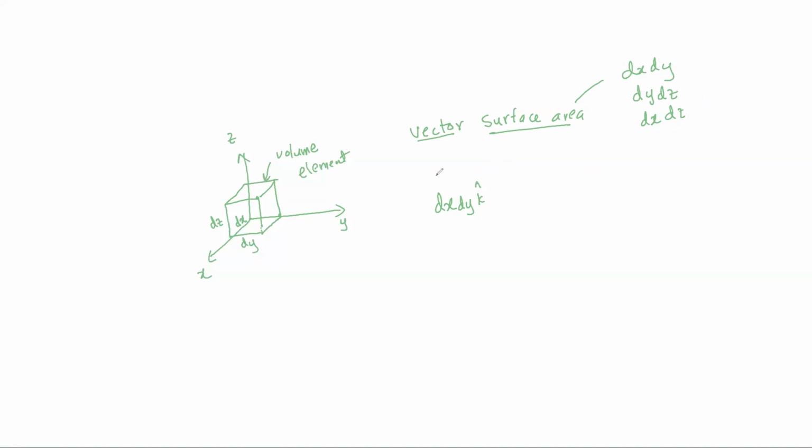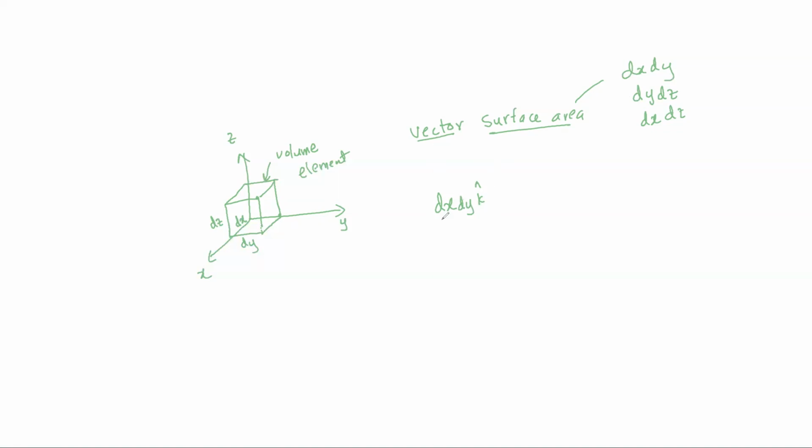Right? So vector surface area is defined as the vector which is perpendicular to the surface area of the volume element while also being equal in magnitude to the surface area.